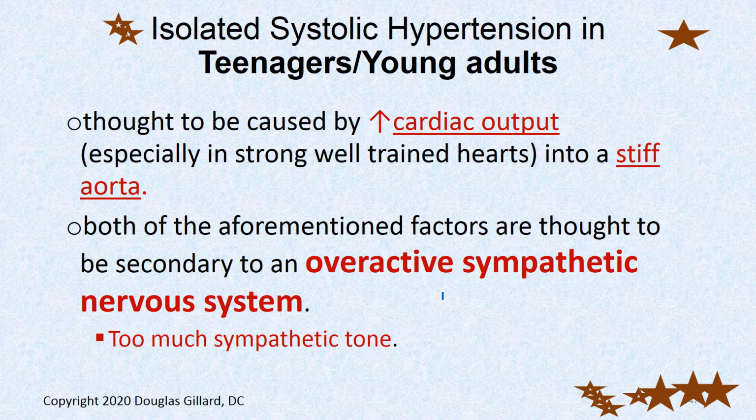Too much sympathetic tone means too much output coming out of the vasomotor center for whatever reason. Maybe there's a problem with the nerve of Hering not being able to fire enough. Who knows what it is? We don't know for sure. They also tend to have, especially the athletes, a very strong and powerful heart. So you combine that with extra sympathetic tone and a stiff aorta, you're going to have elevated systolic pressure.